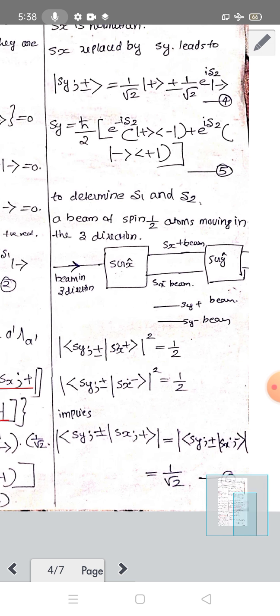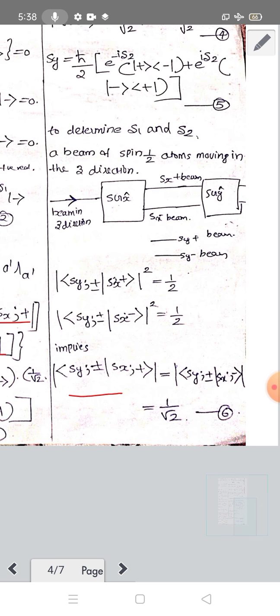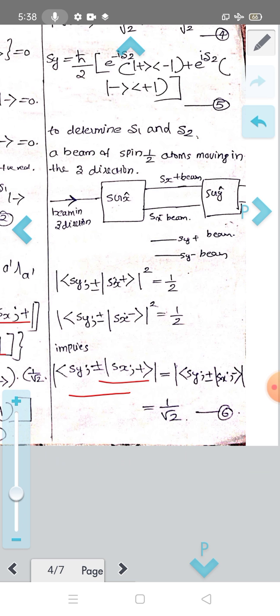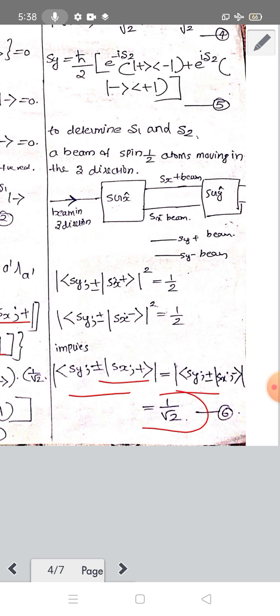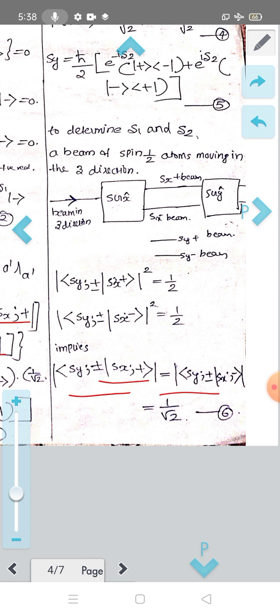So from this, we get the modulus of ⟨Sy; ±|Sx; +⟩ equal to the modulus of ⟨Sy; ±|Sx; -⟩, which is 1/√2. It is equation number 6.